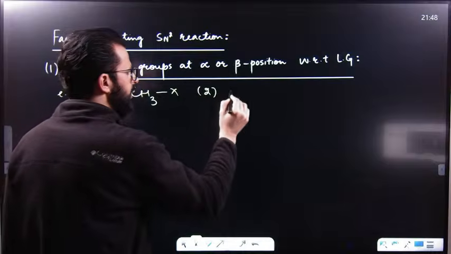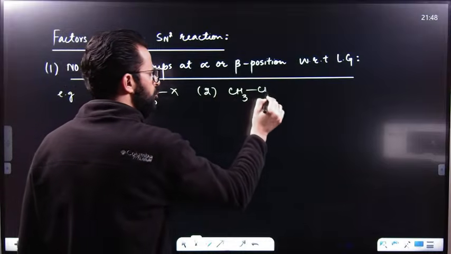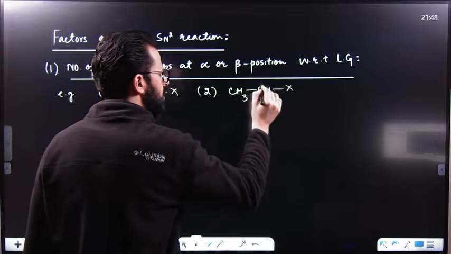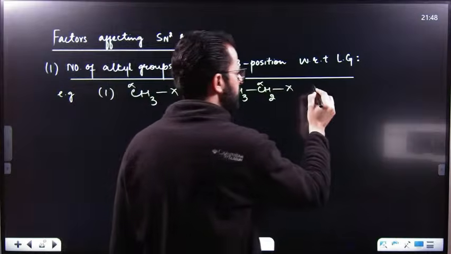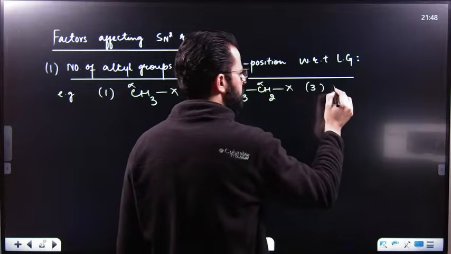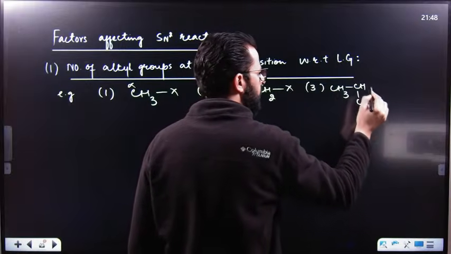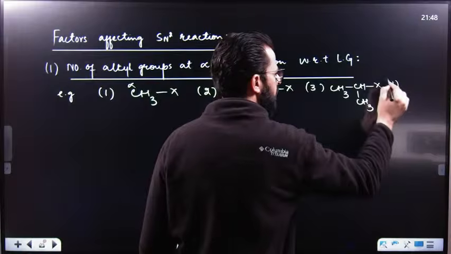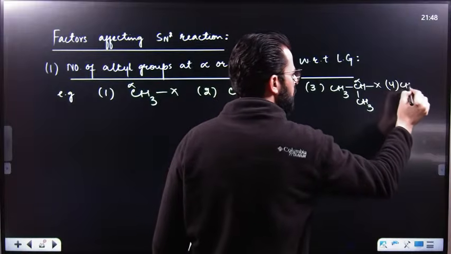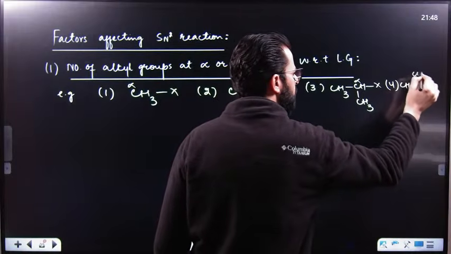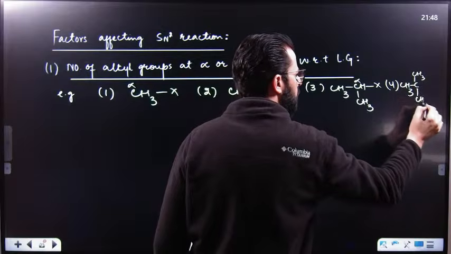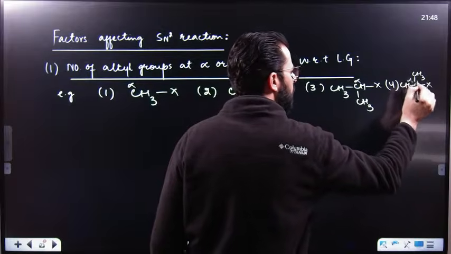After that, it is CH3CH2X. This is the alpha carbon with respect to X. After that, we have a secondary alkyl halide like this, CH3, CH, CH3 and X. And finally, we have a tertiary alkyl halide. Have a look.